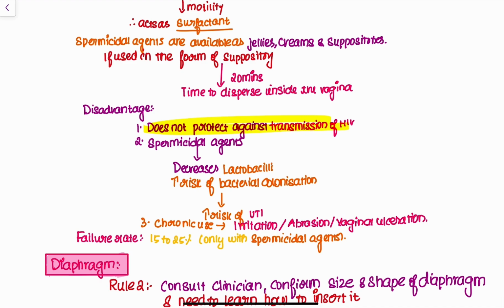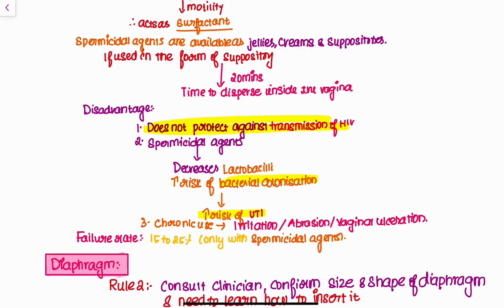Since there is increased bacterial colonization risk, the patient is at increased risk of urinary tract infections, like we discussed in the earlier module, right? Spermicidal agents result in increased risk of bacterial colonization, which later can ascend up and lead to urinary tract infections. Clear? Yes.